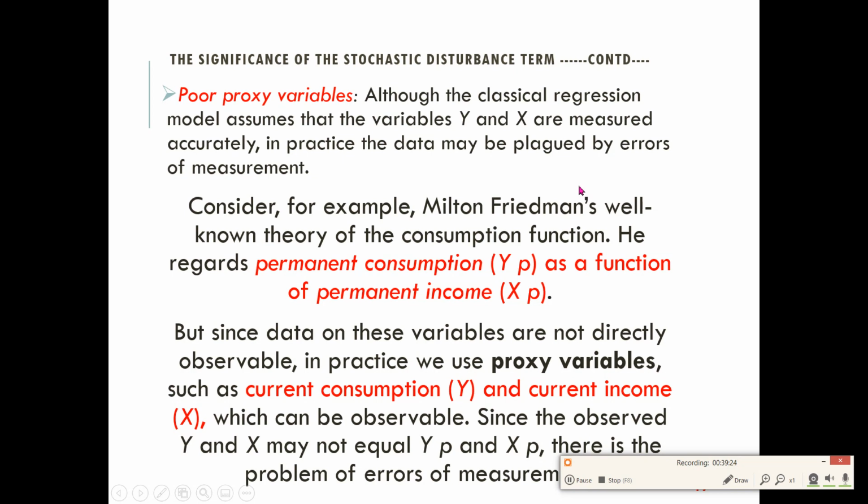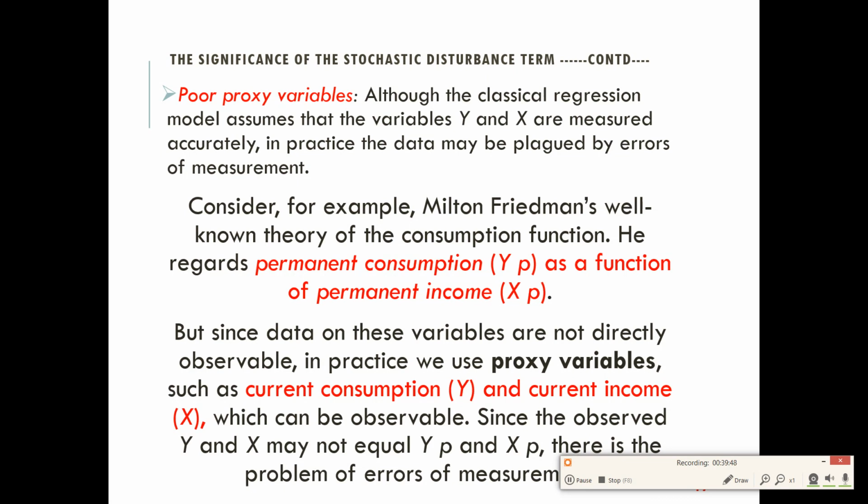If you're not aware of it, it's highly advisable that you pause the lecture and have a quick recap. So this theory relates permanent consumption as a function of permanent income. That is, permanent consumption depends upon permanent income.